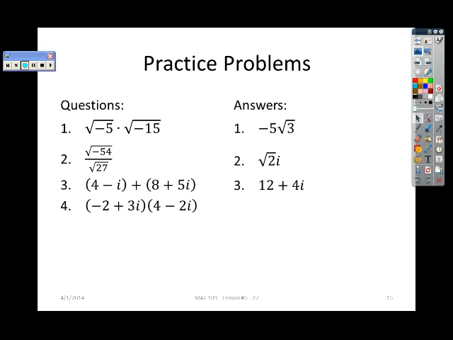Okay, what if you're multiplying? You will see some complex numbers in this course. You need to be able to work with them.